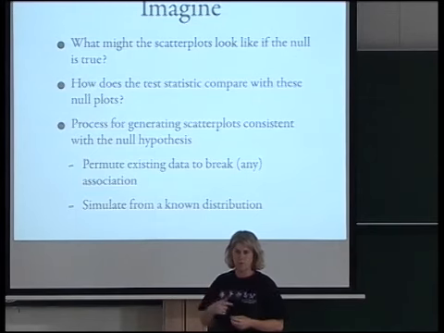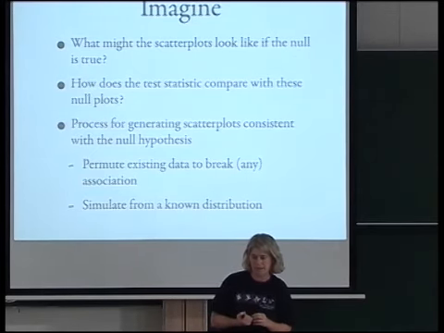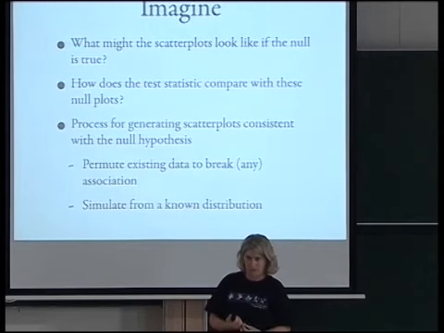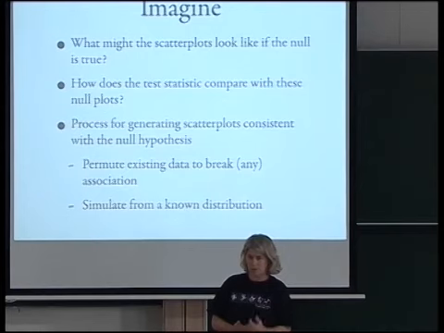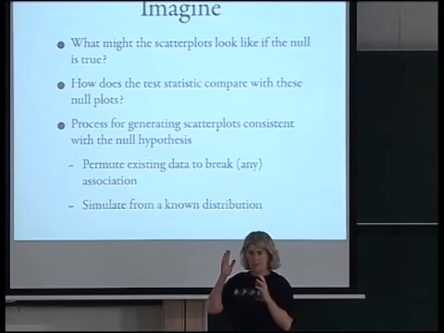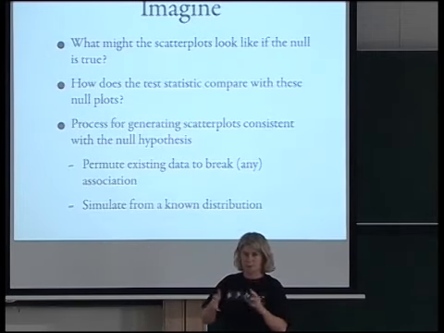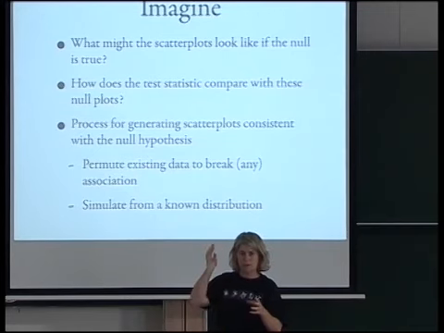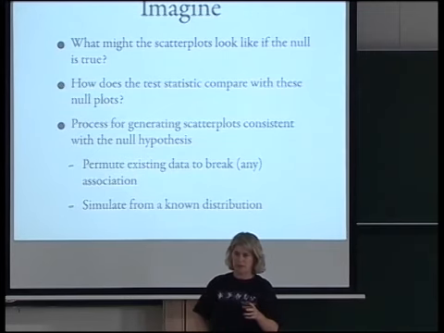In order to look at this, you need some process for generating scatter plots that are consistent with a null hypothesis. There are a couple of prime ways we generally do that. One is to permute one column to break any association. That's a non-parametric approach. If there's an association between x and y, and you take one column and scramble those values, that association is broken.